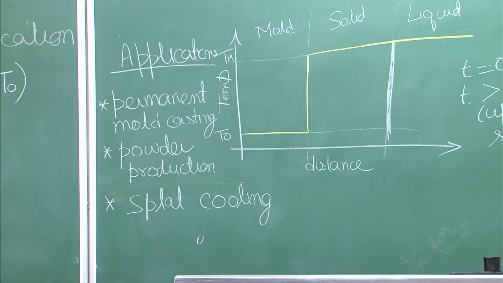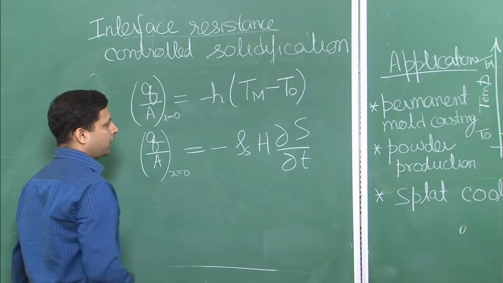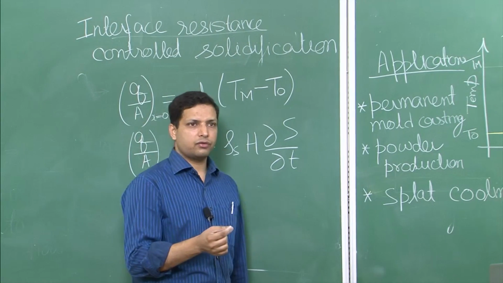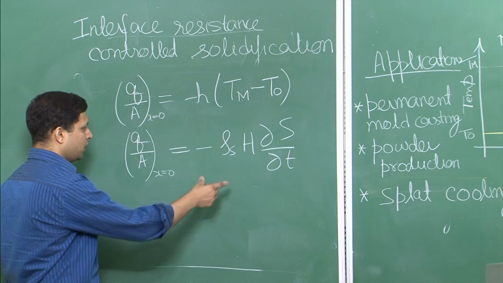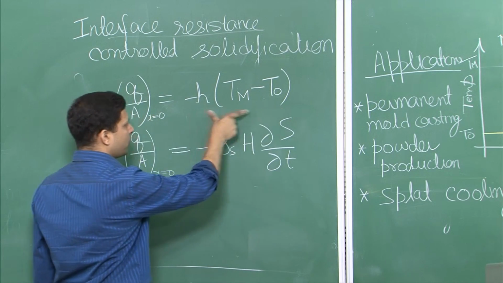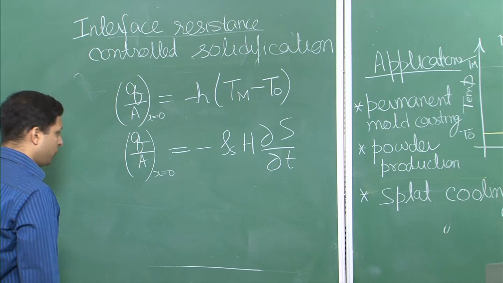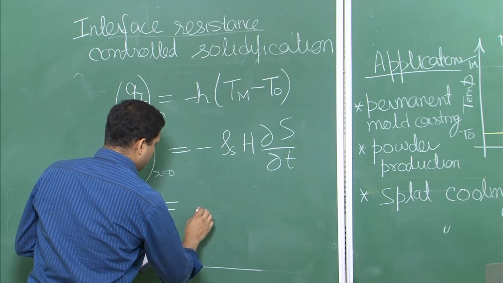So it is this heat per unit time that is getting transferred all the way to the mold, and therefore we can write this equation also as: if del S is the small thin section of liquid that has solidified in time del T, then this is the total amount of heat that is being given out and it is being transferred all the way to the interface, and the interface resistance equation we know is like this, and therefore we can get the equation for S by integrating.